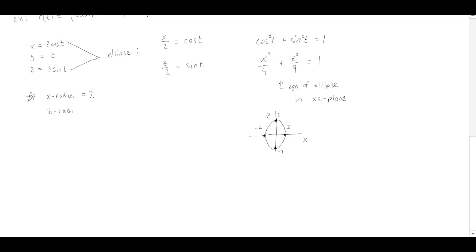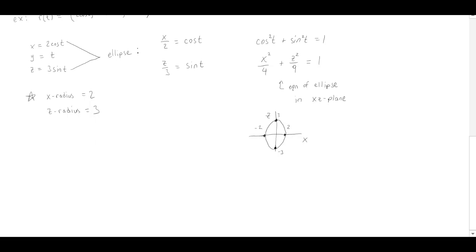You could have gotten that straight from these equations to begin with. If you're thinking like polar coordinates, r cosine, r sine, for x the r was 2, for z the r was 3. So you can infer that from the equations themselves. Then if you notice that right away, you don't necessarily need to go through everything that I did here. Okay.